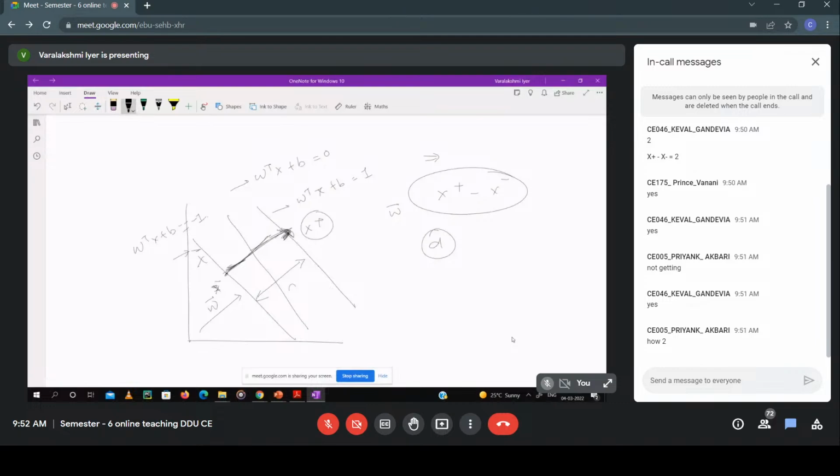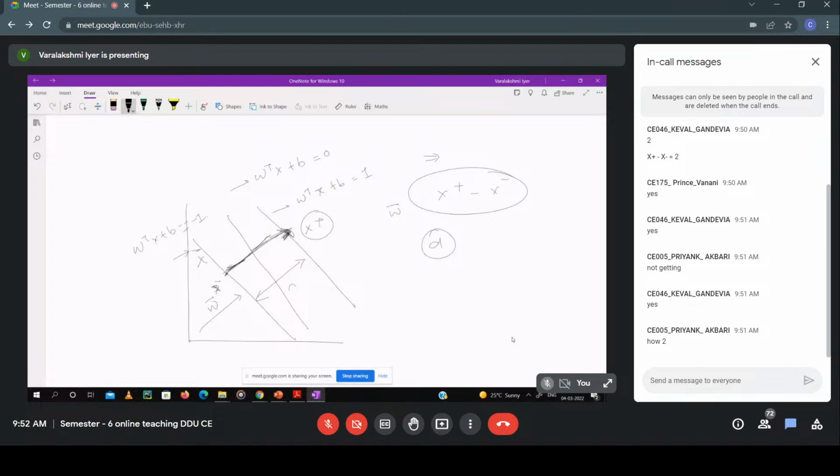Let us say x positive is a point on this hyperplane and x negative is a point on this hyperplane. So x positive will satisfy the equation w transpose x plus b equals 1, and x negative is a support vector which satisfies the equation w x plus b equals -1.